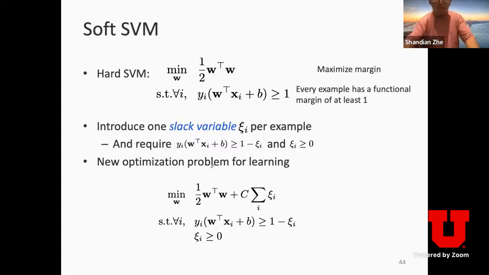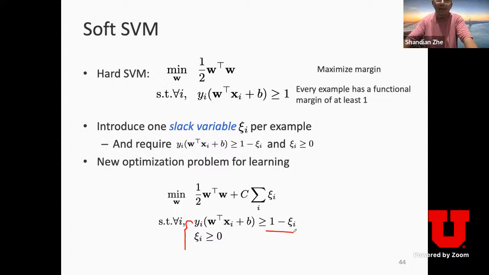So first we can see that the constraint is now changed for every training example. We have a corresponding slack variable xi, which is non-negative, and your function margin, yi times w transpose xi plus b, is no less than 1 minus xi.